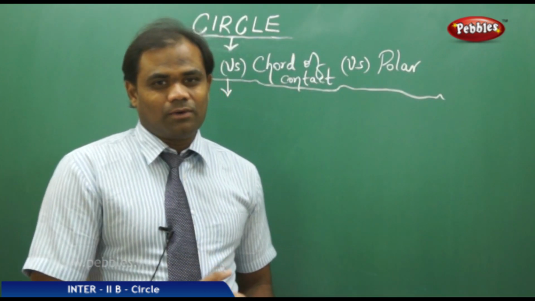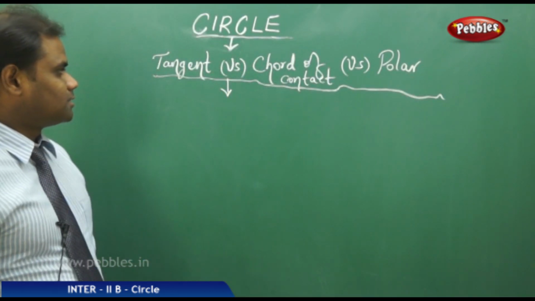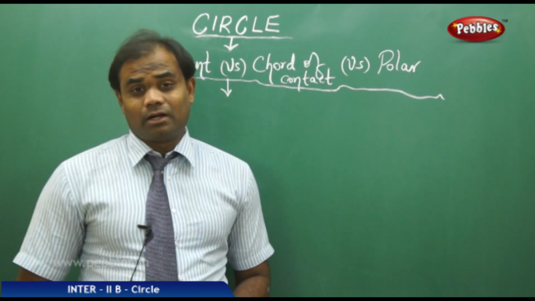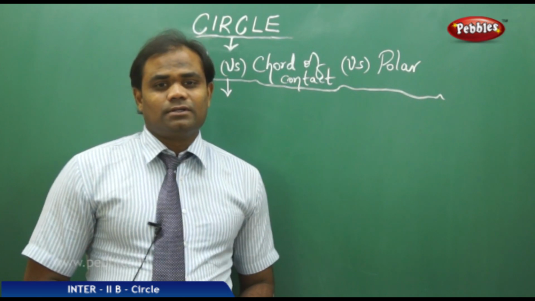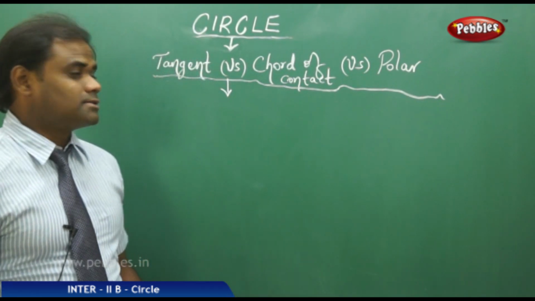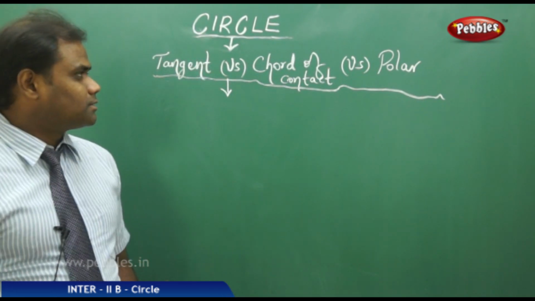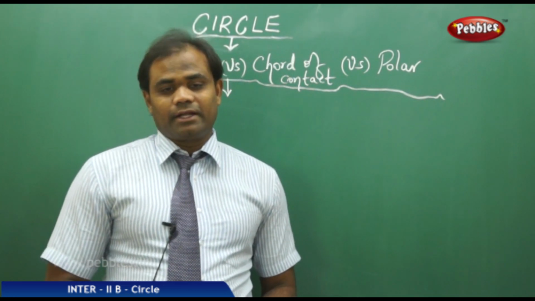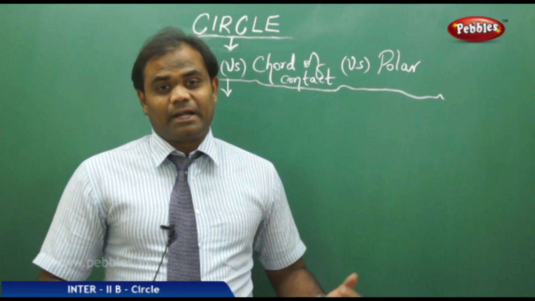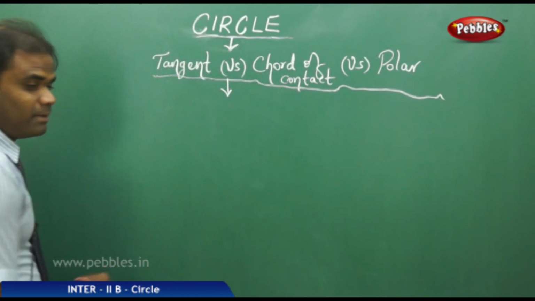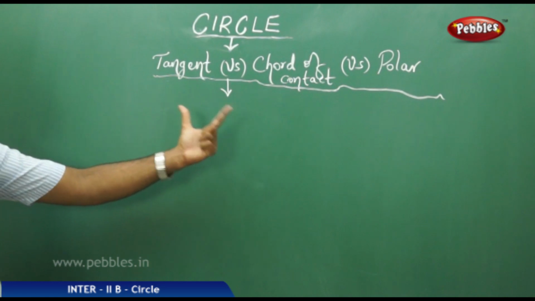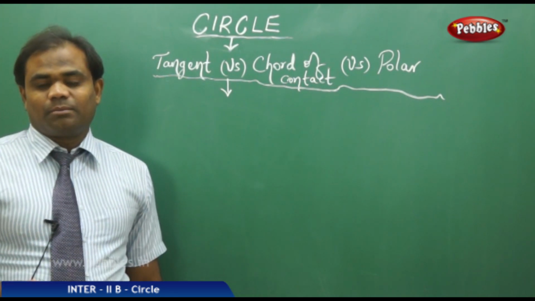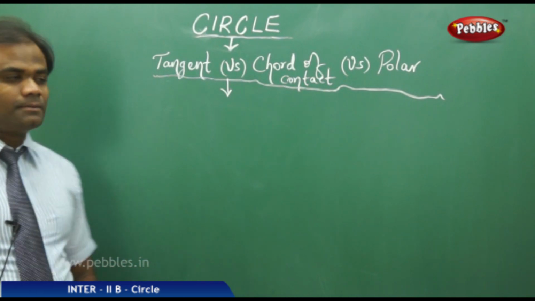So let's now compare the tangent at the point P, the chord of contact at the point P, and the polar of the point P. Now that we have discussed the three cases individually, for tangent, chord of contact, and polar, let's see the position of the point connected with each of them in comparison. So let me make a tabular column of all these three, connected with the point interior, on, and exterior to the circle.